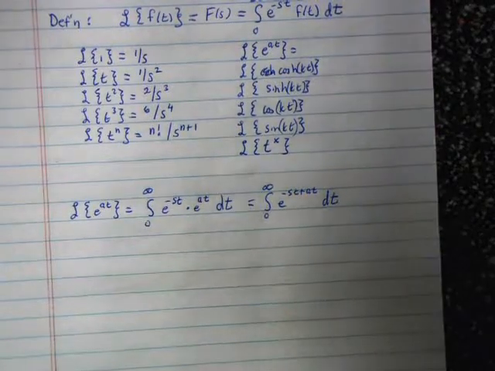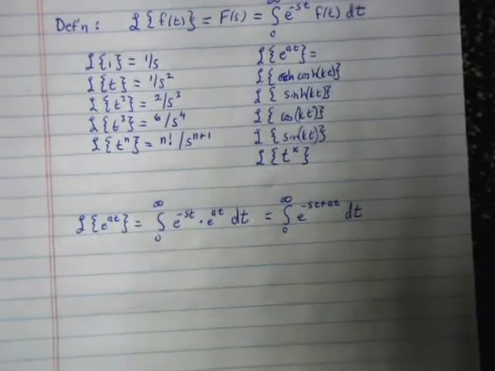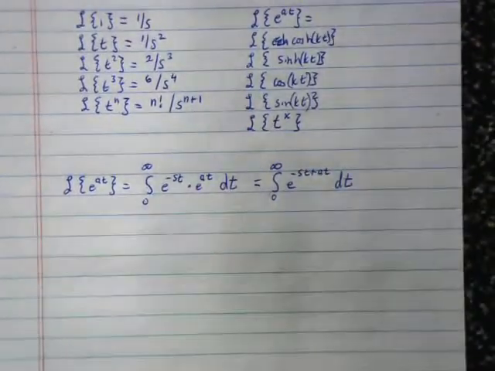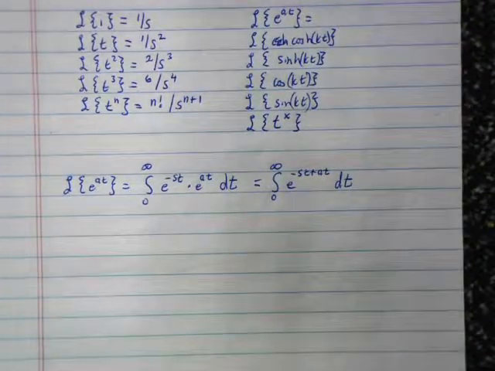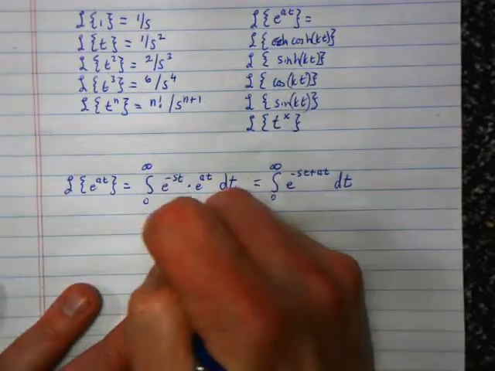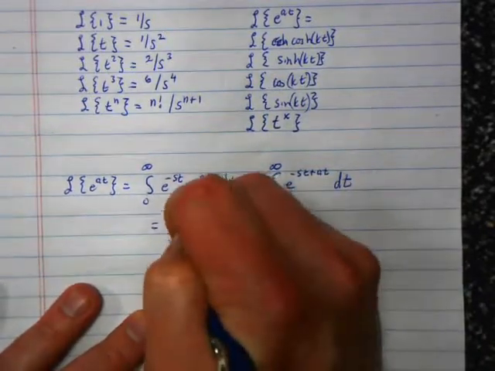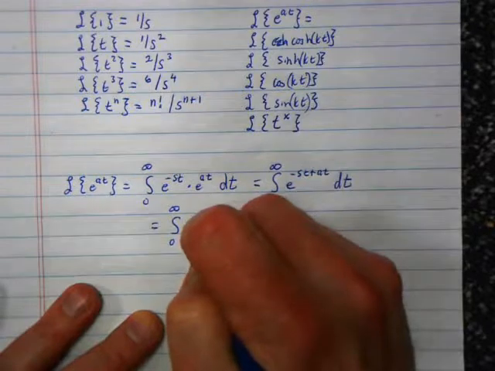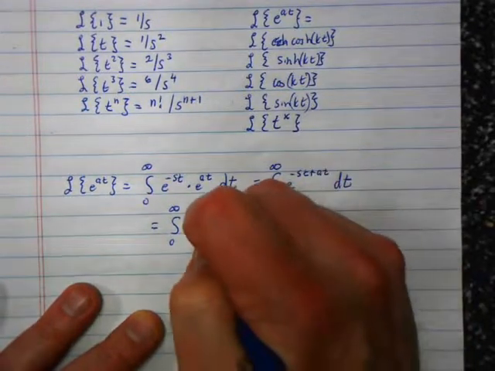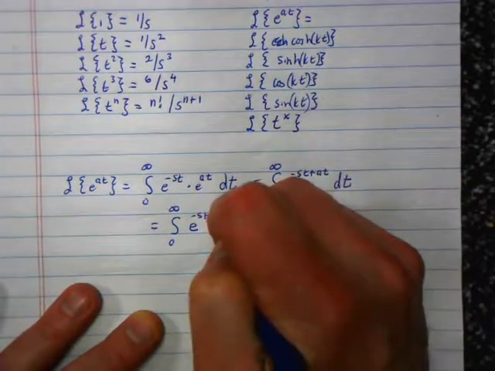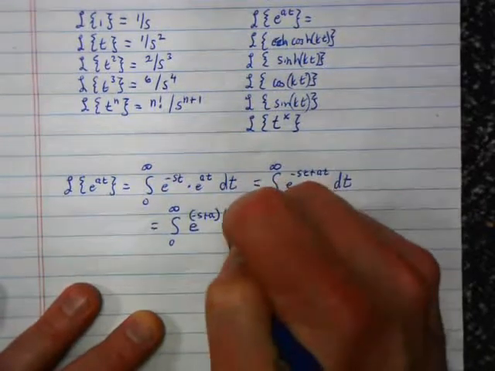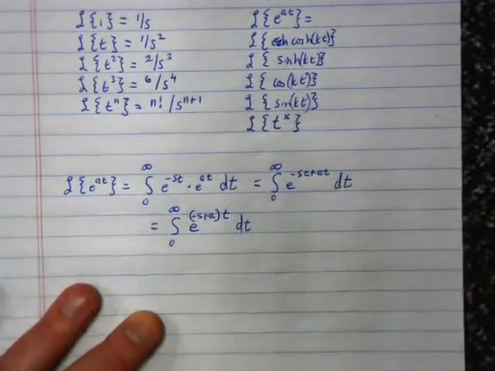Then what? How about if I write this as the integral from 0 to infinity of e to the minus s plus a, all times t, dt. What did I do?